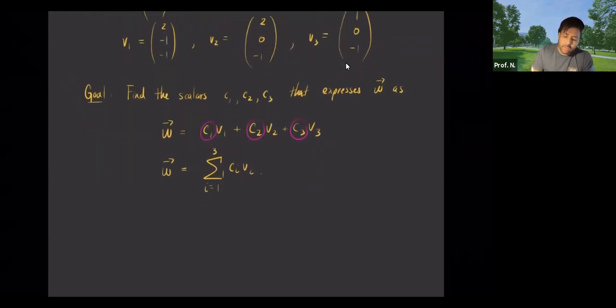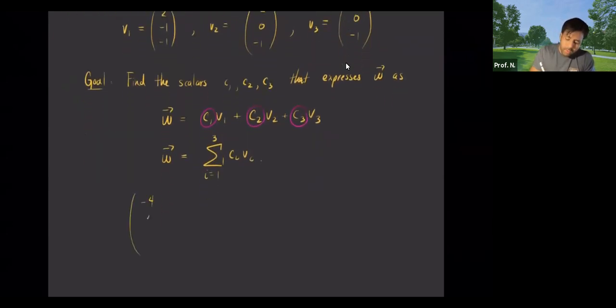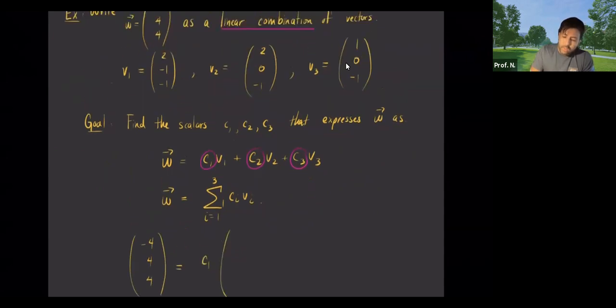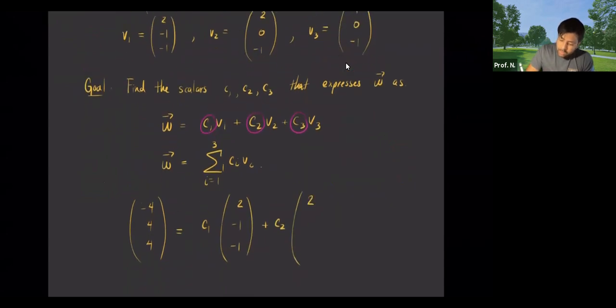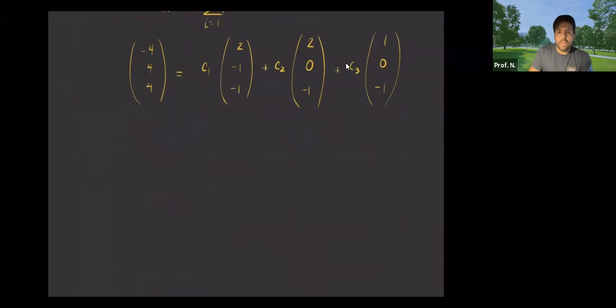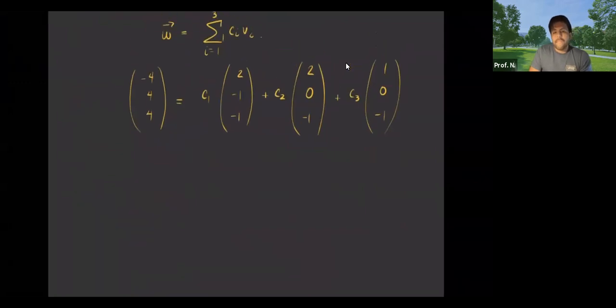So let's write this out. This becomes negative 4, 4, 4 equals C1 times 2, negative 1, negative 1, plus C2 times 2, 0, negative 1, plus C3 times 1, 0, negative 1. Now, I don't know if you see this yet, but what does this remind you of?